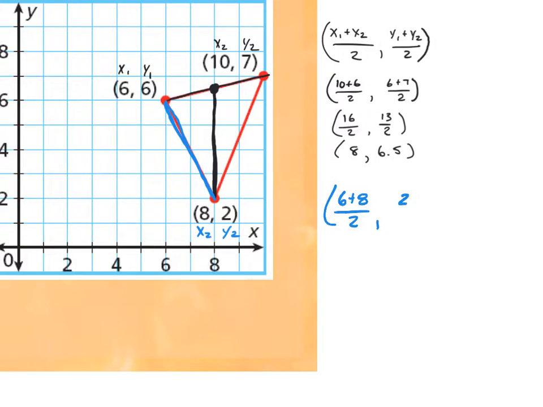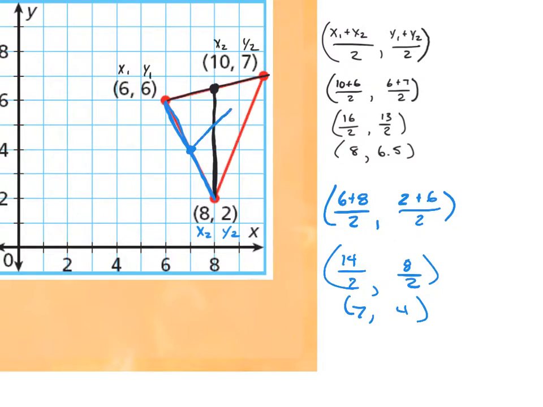We get 2 plus 6 divided by 2, in which case we get 14 divided by 2 and 8 divided by 2, which becomes 7, 4. So at 7, 4, we have a point right here, and it connects to the vertex on the other side.